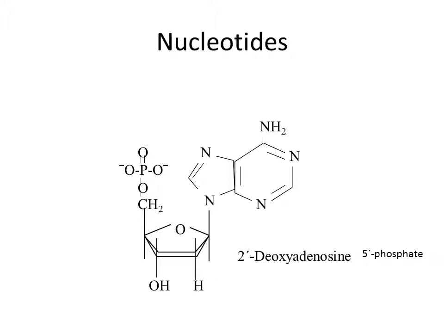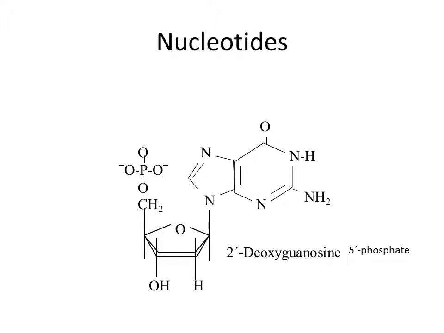If it is in DNA, then it's going to be deoxyadenosine phosphate. If it's on guanosine, then we call it guanosine 5-phosphate. You don't have to worry about the numbers. I'm not going to test you on that. It would just be guanosine phosphate would be the nucleotide.